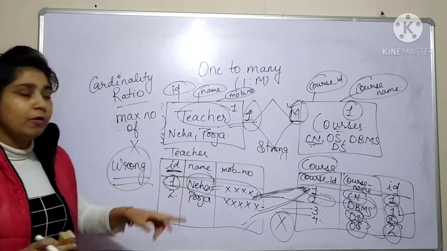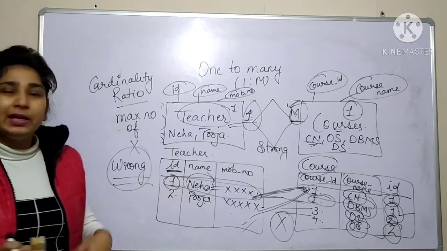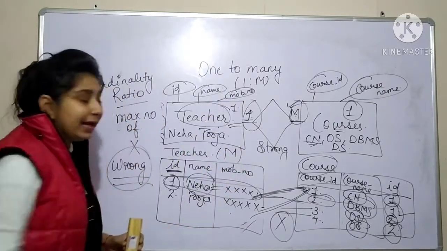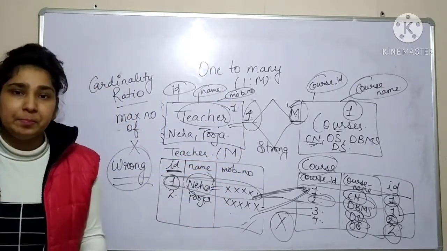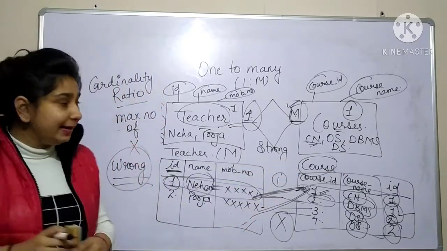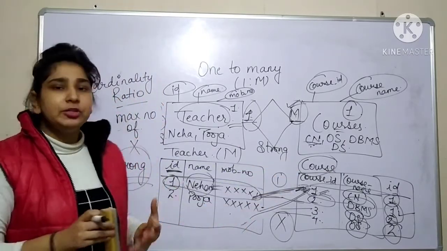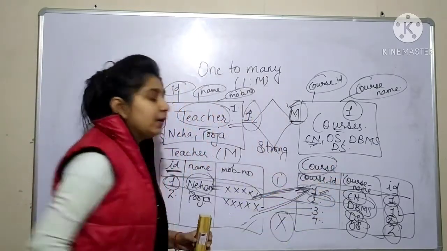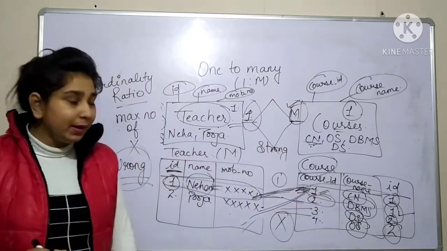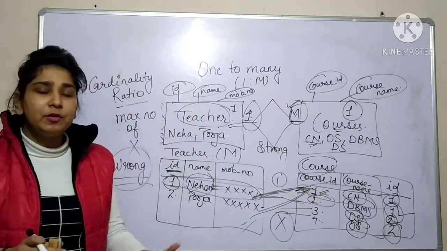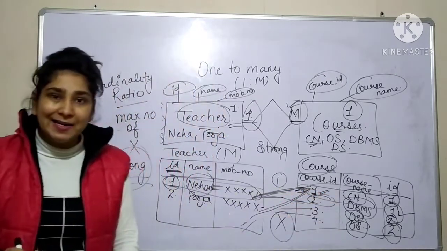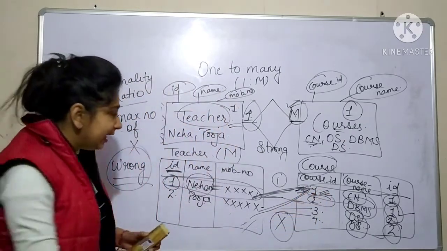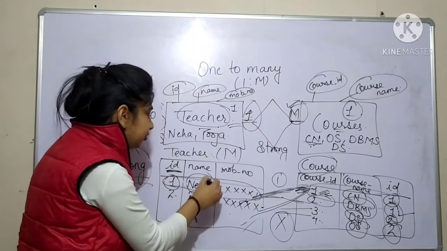So the maximum number of relationships in which one record can participate is M. If you look from the course side, how many maximum relationships can a record participate in? If you consider the first record, it is actually 1. This record can be related to only one record of the teacher.